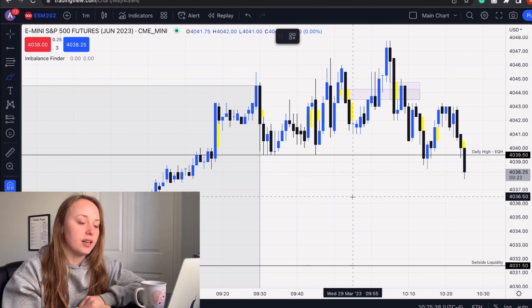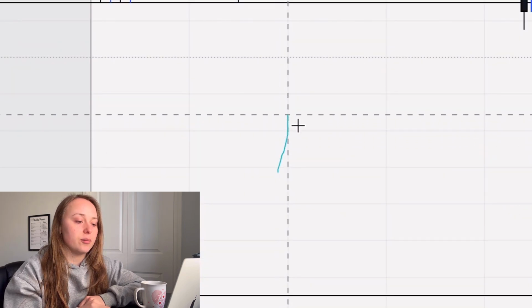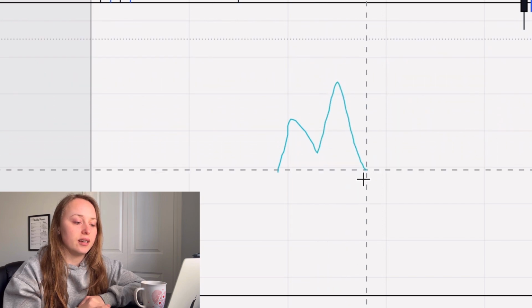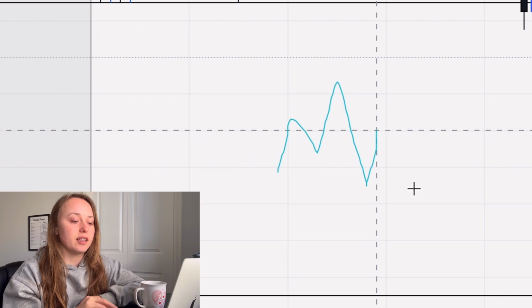So my trade, if I were to draw it on a piece of paper, kind of looks something like this, right? Something like that.